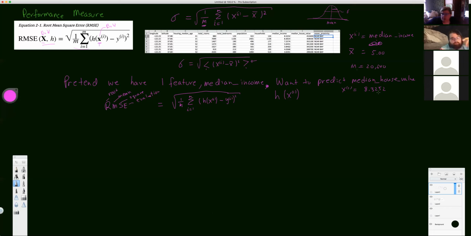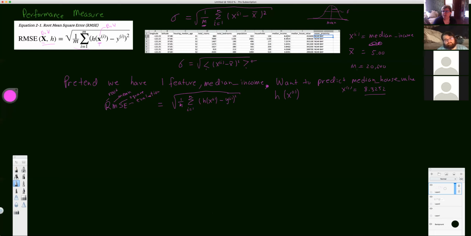And then my h is something I do to x. This is an input, and h is something I do. Now let's say my model, and it's a super terrible model, was that I'm going to multiply the median income by something and say, hey, that'll be the median house value. That's my prediction, right?